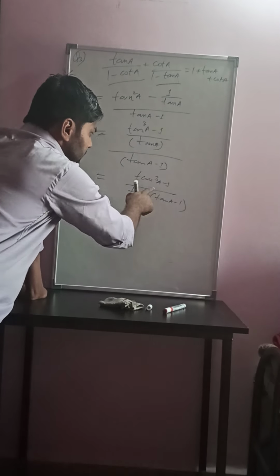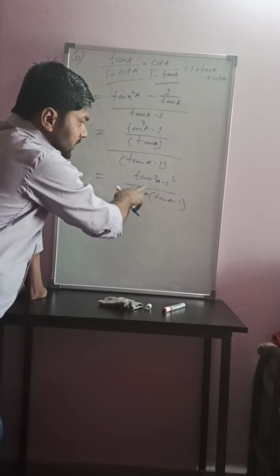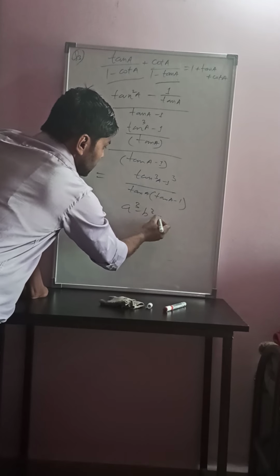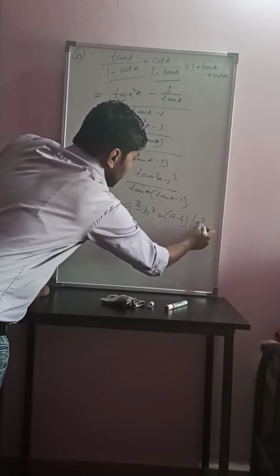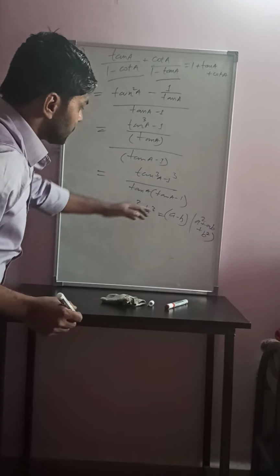Now just take a look here. It is in a cube minus b cube form. Can you see this? A cube minus b cube form. What is the formula we have? A cube minus b cube equals A minus B into A square plus AB plus B square. I'm going to use this formula.